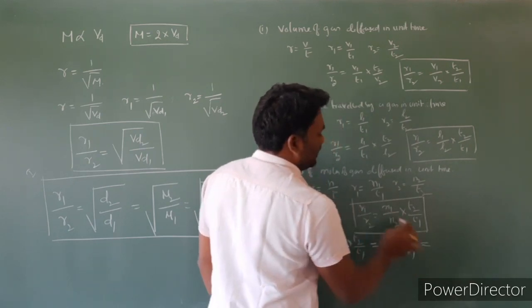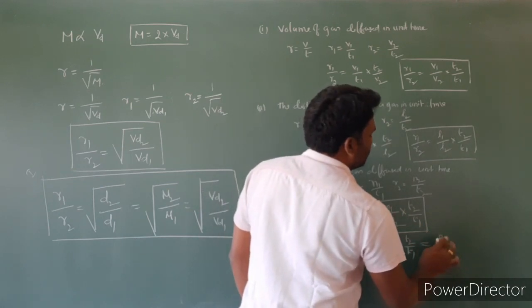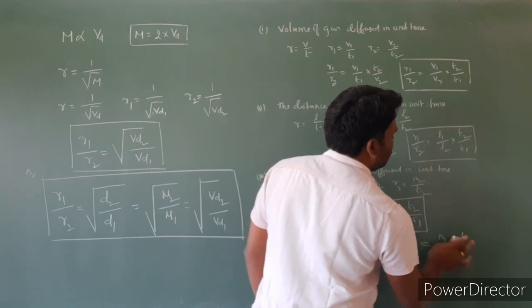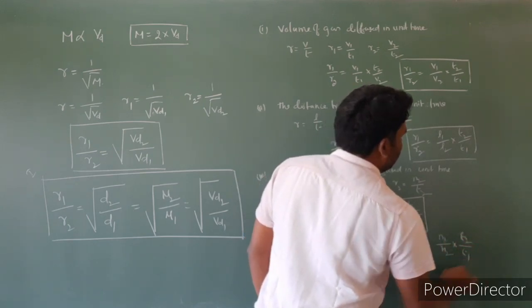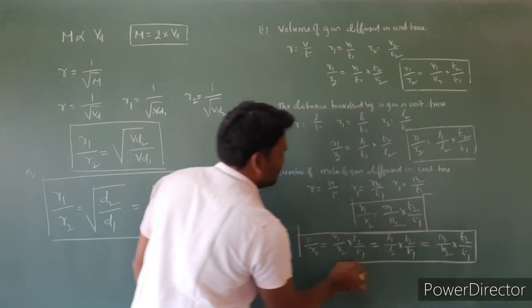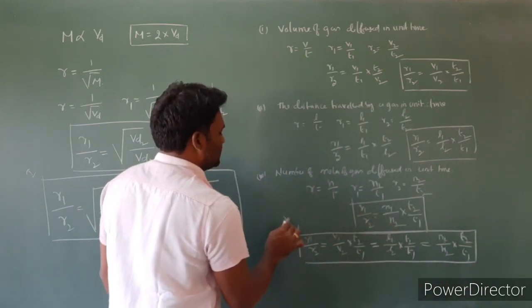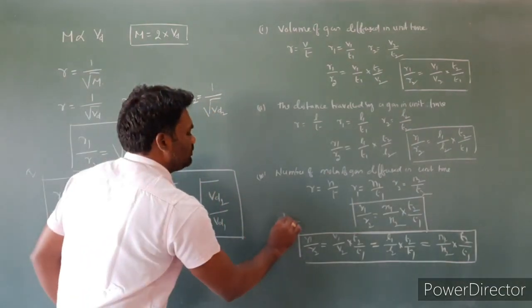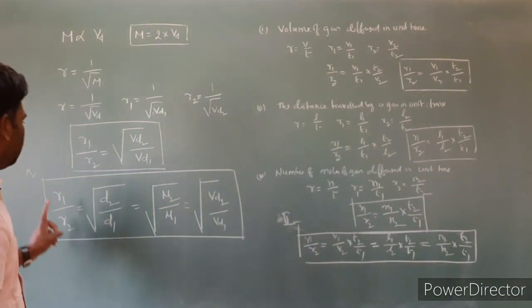Third one is N1 by N2 into T2 by T1. This is the second set of relations. This is the first set.